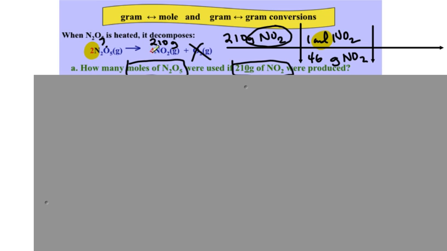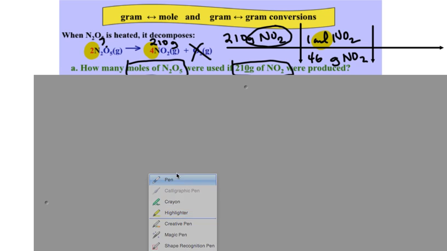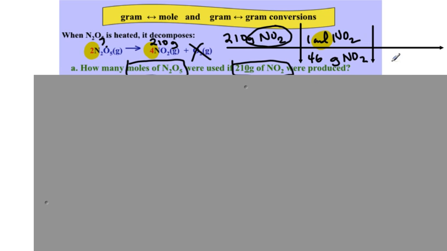My ratio is going to be, in this case, 4 to 2. I know I have moles of NO2, so I have to put moles of NO2 on the bottom. What's the number in front of it? 4. The other number that I'm converting to is 2 moles of N2O5.